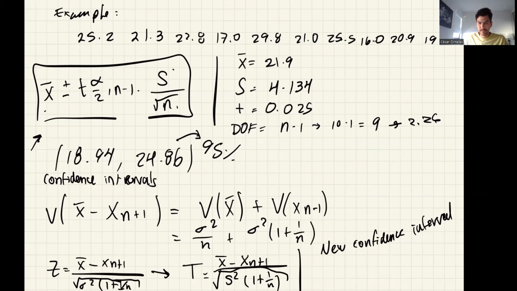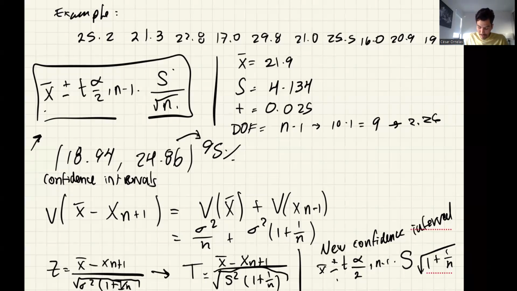So here we have the mean plus minus t, alpha over 2 and n minus 1, multiplied by s, this is the change, s multiplied by the square root of 1 plus 1 over n.